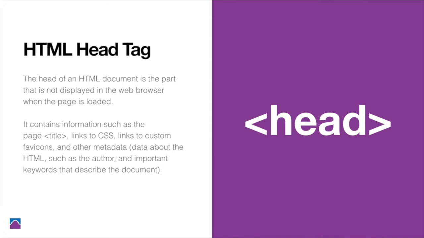It contains information such as the page title, links to CSS files, links to custom favicons. Favicons are those little icons that show up on the browser tab, like a little app-looking icon. And other metadata about the HTML, such as the author, description, keywords, things like that. That's what the head tag includes.